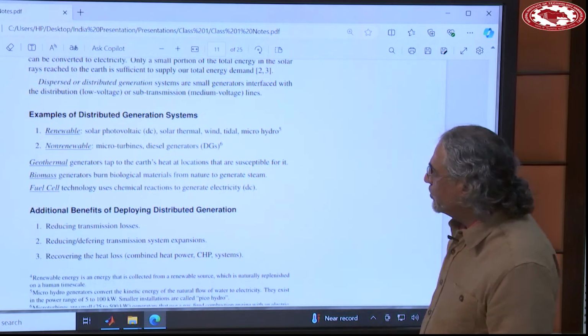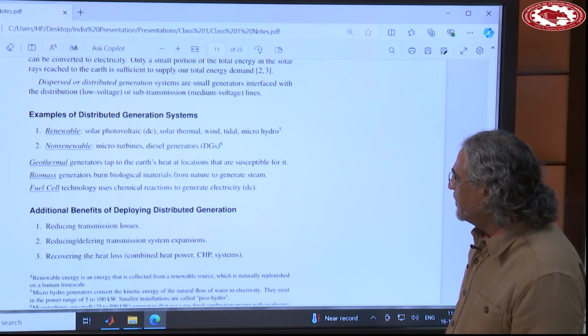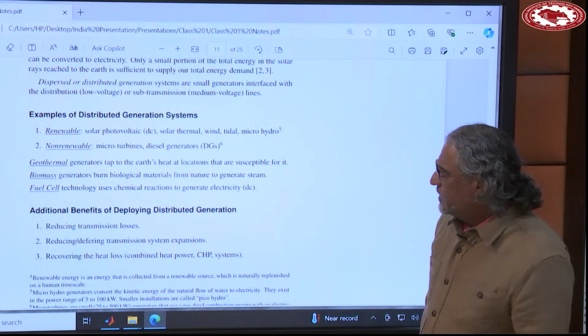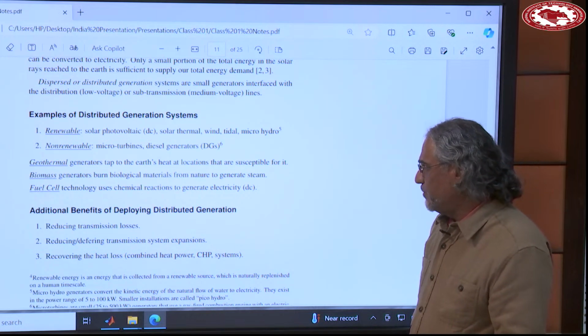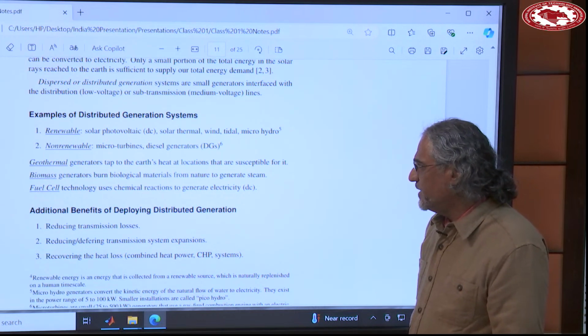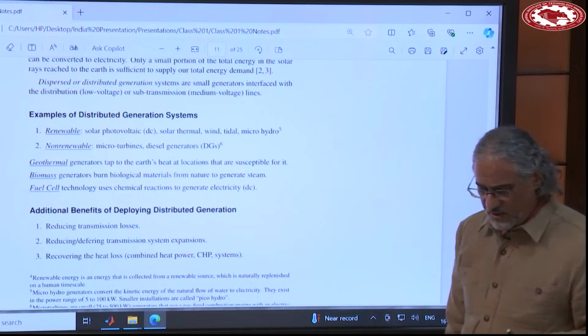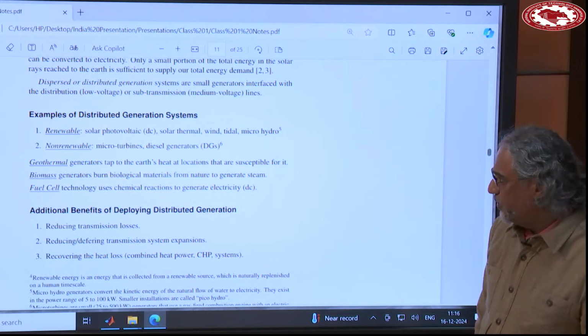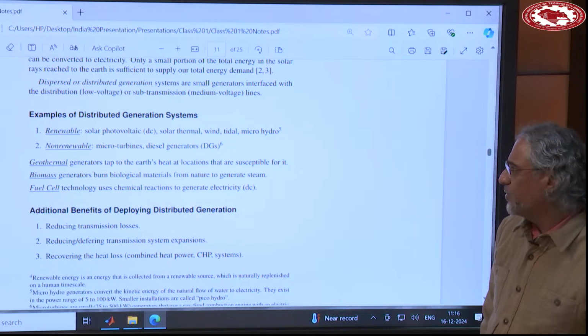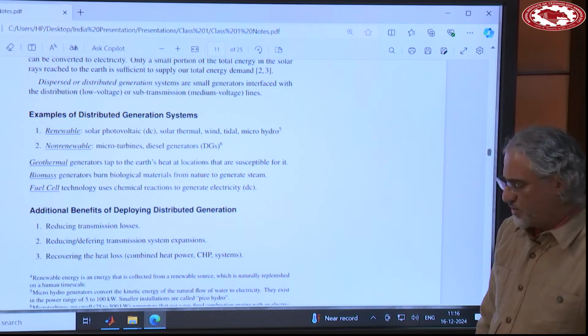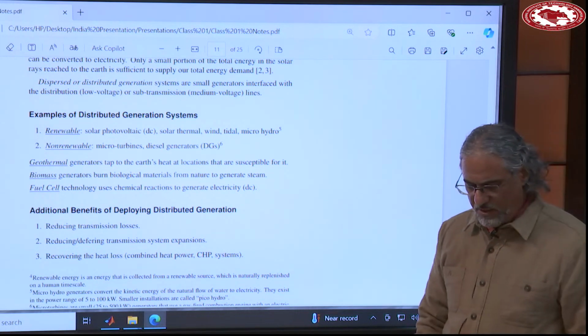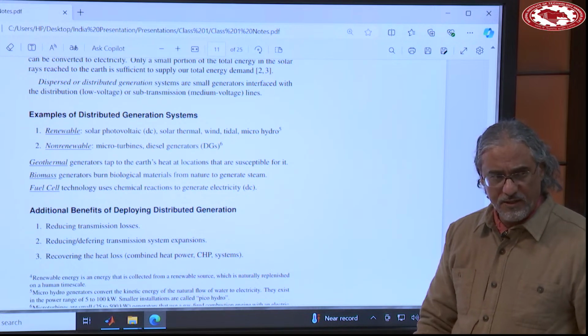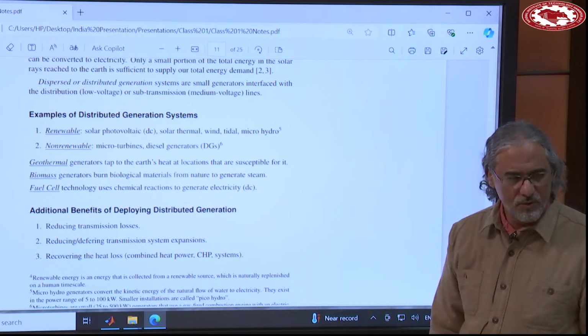But before going to the problems, let me give you some examples. Keep in mind that the term distributed energy system or distributed generation doesn't necessarily mean renewable; it could be renewable or non-renewable. Distributed or dispersed means it's small and it's distributed across the distribution system.